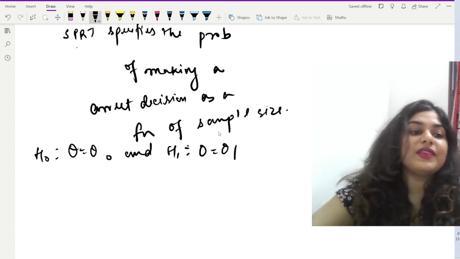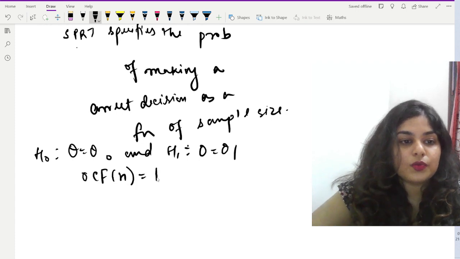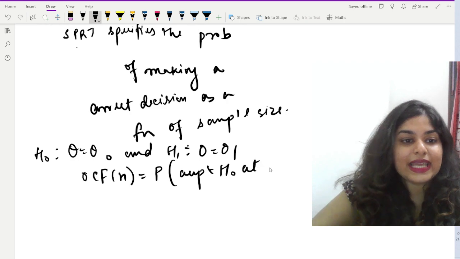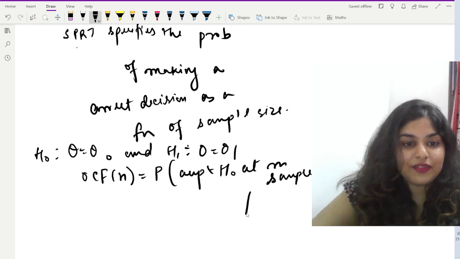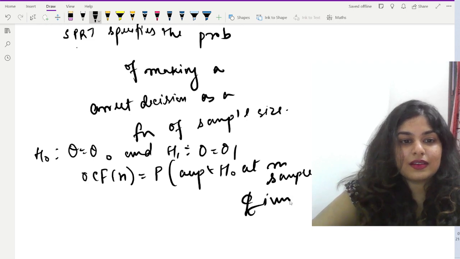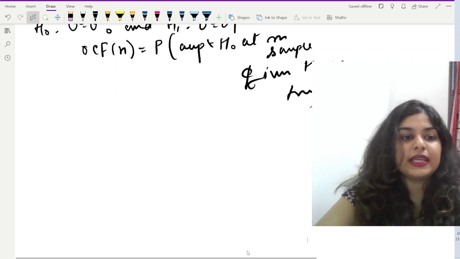So the OCF is equal to the probability of accepting the null hypothesis at n samples given H0 is true.